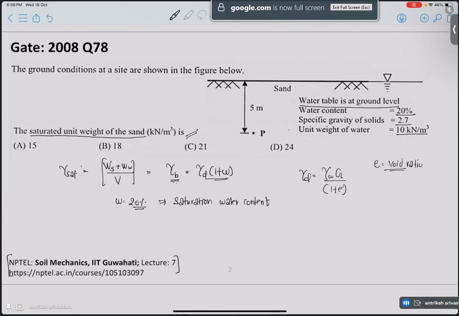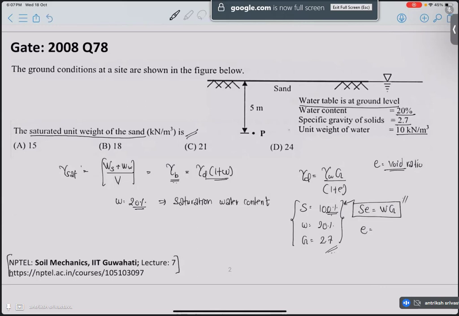From the information given, saturation is 100% since the soil is below the water table, the water content is 20%, and the specific gravity of solids is 2.7. We can use the formula S e equals w G, where the symbols have their usual meanings, and calculate the value of e.